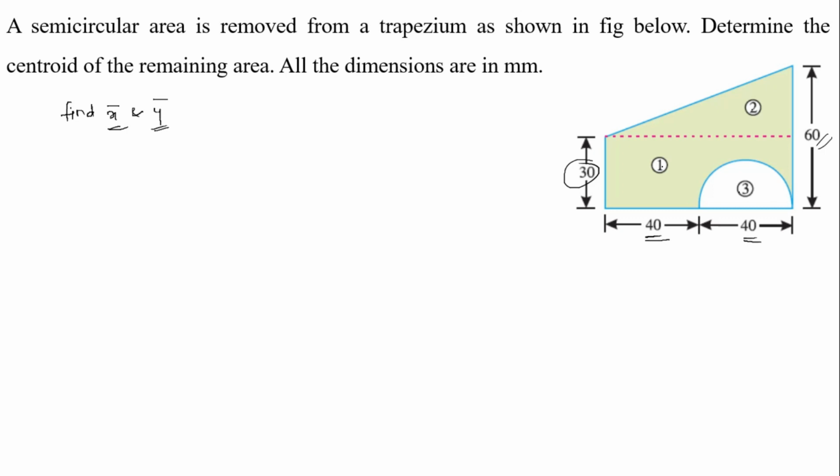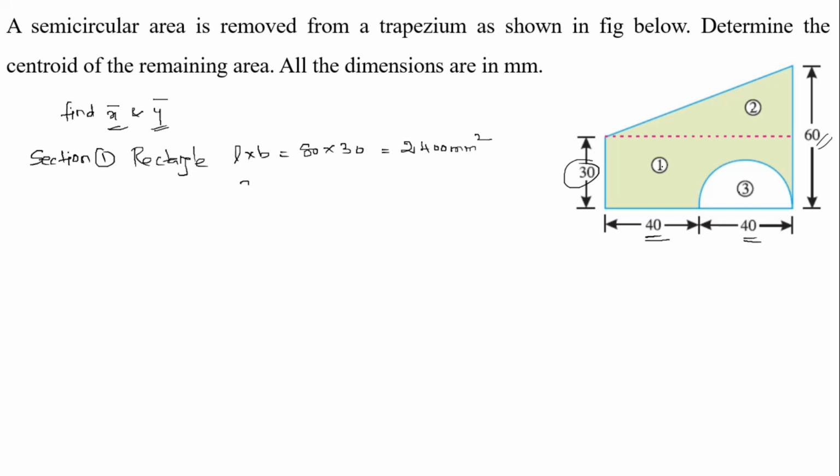So, we divided already. Section 1 is the rectangle, right. Now, what is the area of the rectangle? Length into breadth, which is equal to 80 into 30, which is equal to 2400 mm squared.